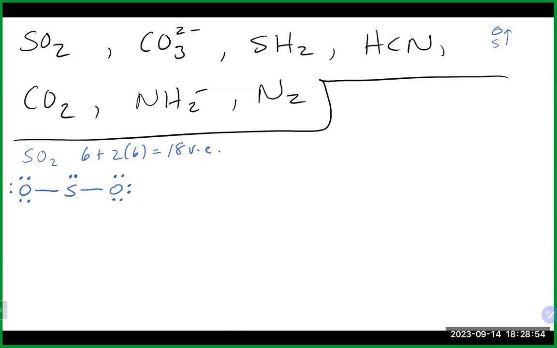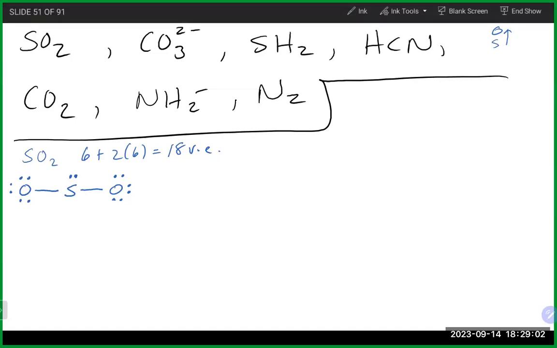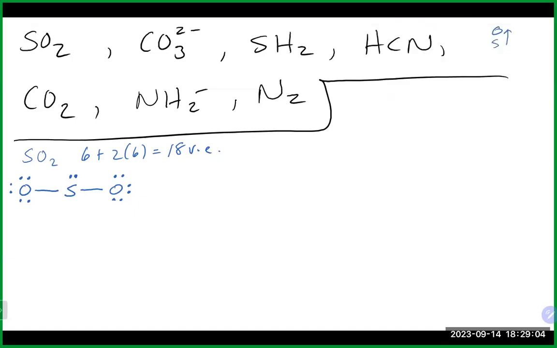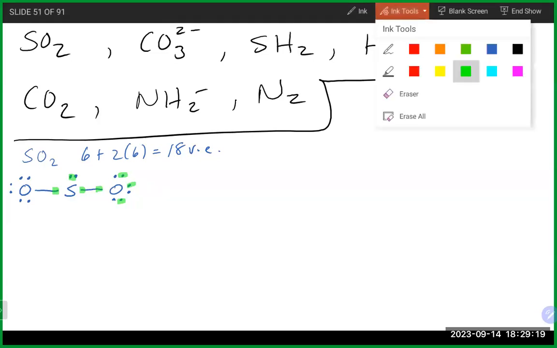At this point we have distributed all 18 of our electrons, and we can see oxygen's good, but we are running into a little problem at sulfur, right? Sulfur has only got 2, 4, and 6. Each of the oxygens has 2, 4, 6, and 8, so it's good. So our sulfur is not good, but our oxygens are.